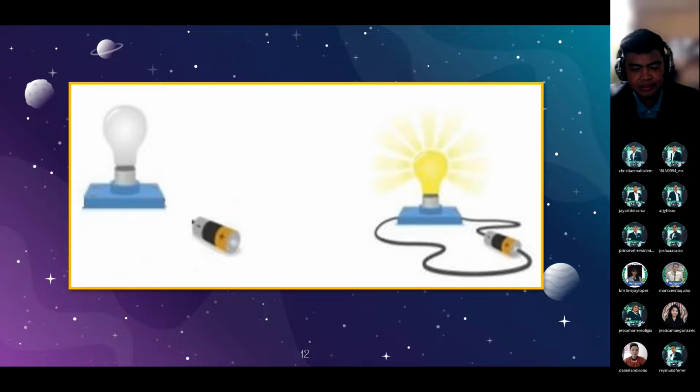Thank you, Mr. Christian. Yes, it is true that a light bulb will not energize without the electrical wire. As we mentioned earlier, electrical materials and supplies are used to control the flow of current in an electrical circuit. Then, if there are no electrical materials and supplies, there will be no electricity distributed from one place to another.